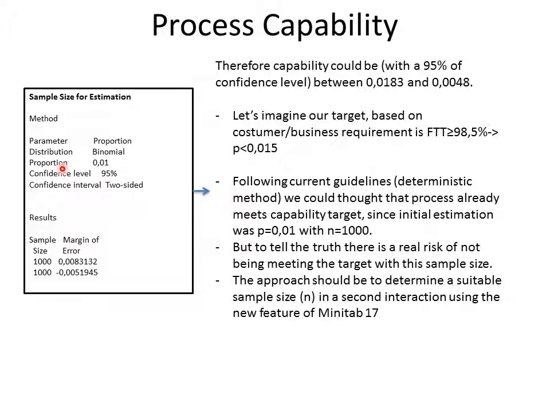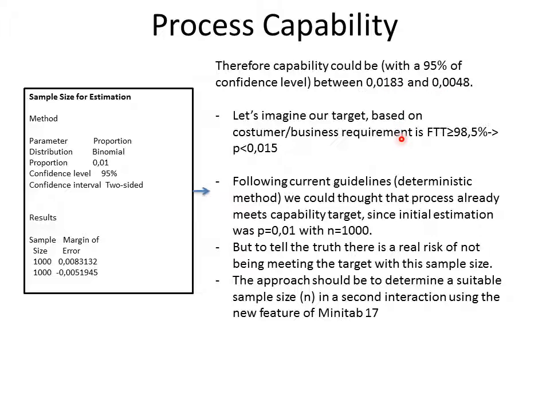So this proportion that was 0.01, due to the sample size, would generate a margin of error of 0.01 plus this number and 0.01 minus this number. So our confidence interval with a 95% confidence level would be this one.